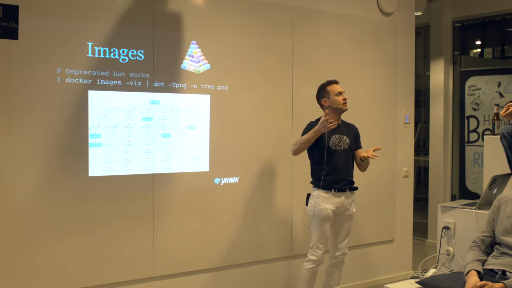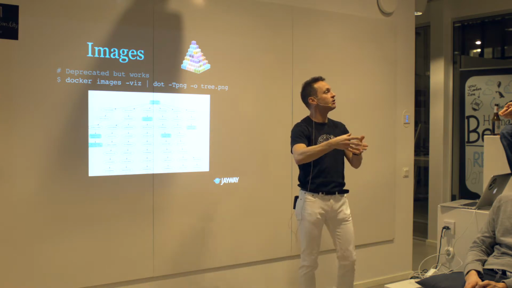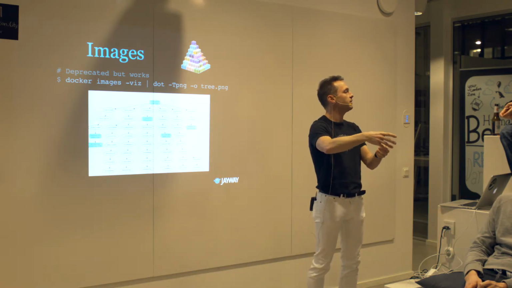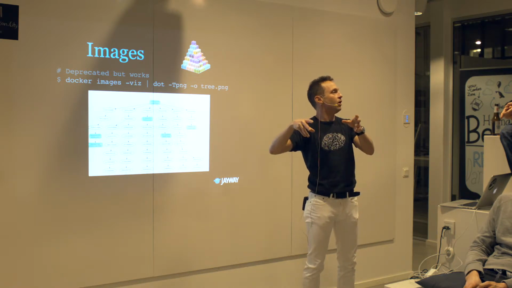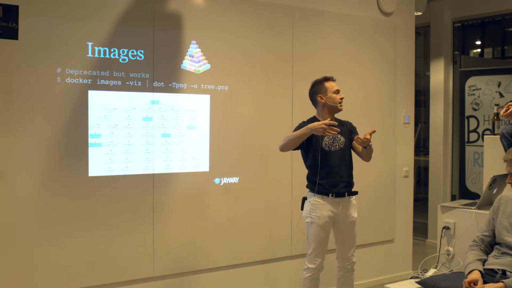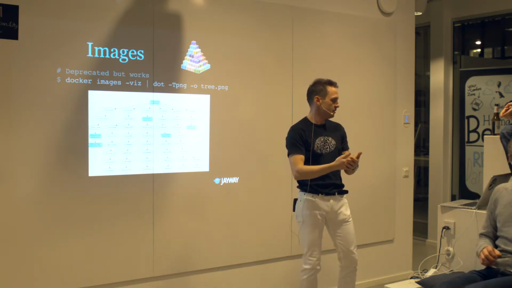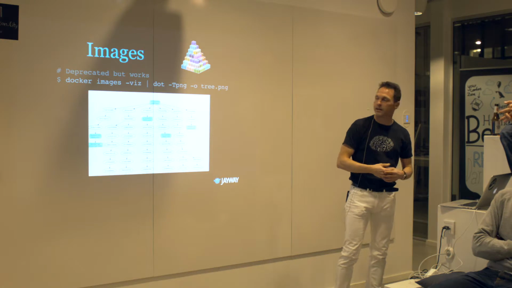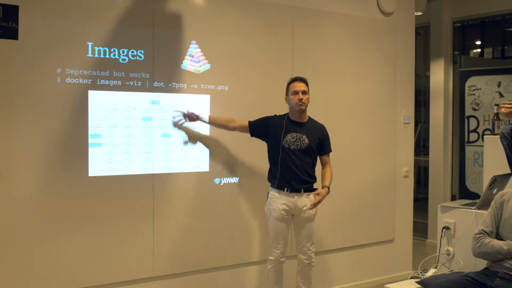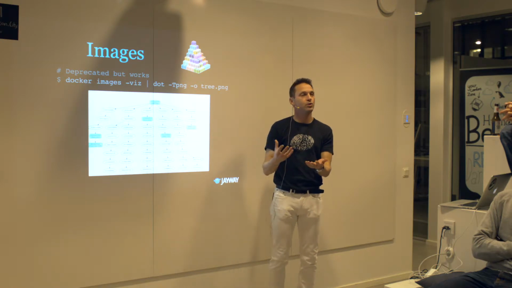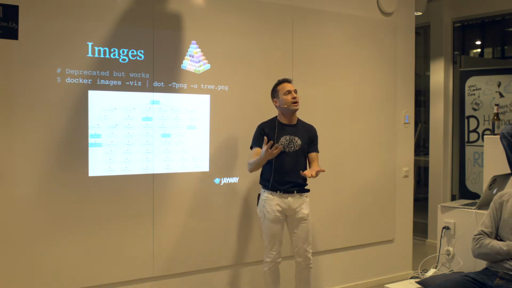So it's basically just file system changes, but it can also be if you set a different port or you set an environment variable. They can be set on the image that you're creating, because they will be used at runtime later on. And all these layers are merged together to get a running file system.